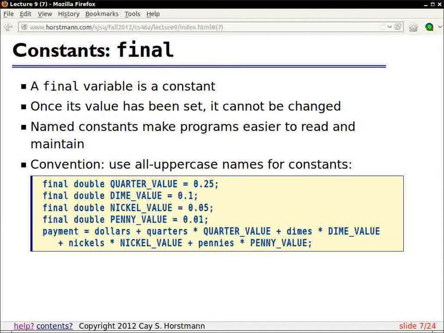So instead of writing quarters times 0.25 plus dimes times 0.1, you should use these named values. And so the rule of thumb is that anytime you use a number other than 0, 1, or -1, you should really turn it into a named constant. So you should come up with a name for it, and then you use this final syntax.